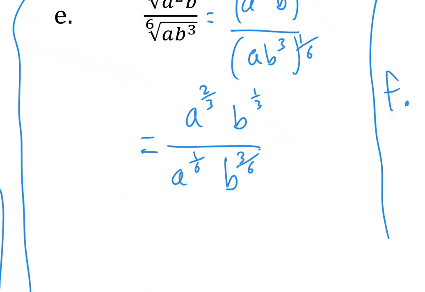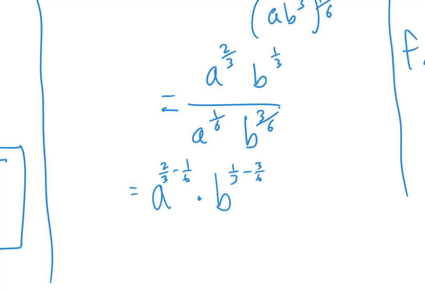So this is going to be a to the 2/3 plus 1/6 times b to the, oh, I'm sorry, this is dividing. Watch out. Dividing is subtracting powers. So 2/3 minus 1/6. There it is. 1/3 minus 3/6.